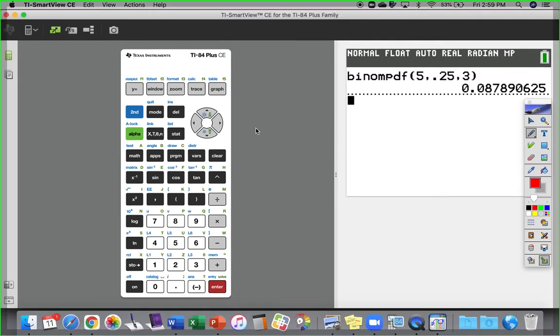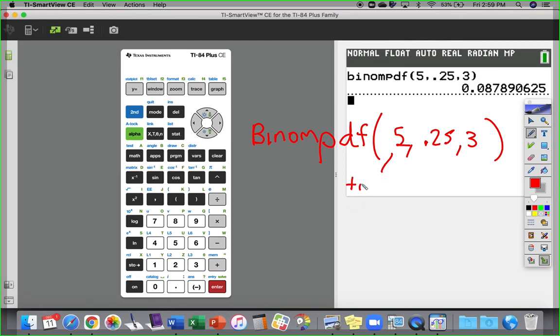Now, with normal CDF, we had to label our work. We do have to do that as well here. You have to say this is binomial PDF, and you would say 5, 0.25, 3. And you would have to label your work to get work credit. You would say trials, n. Probability of a success, which is our p-value.